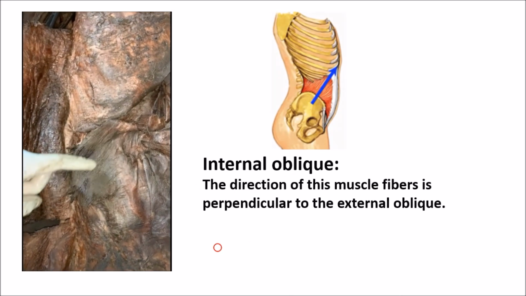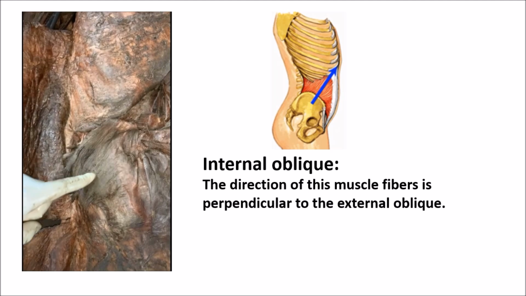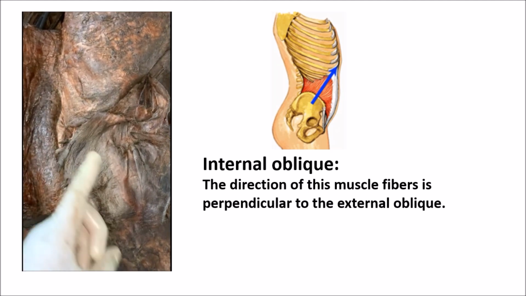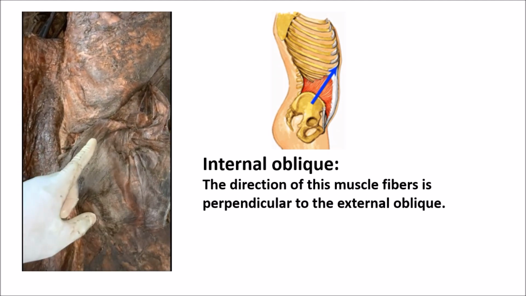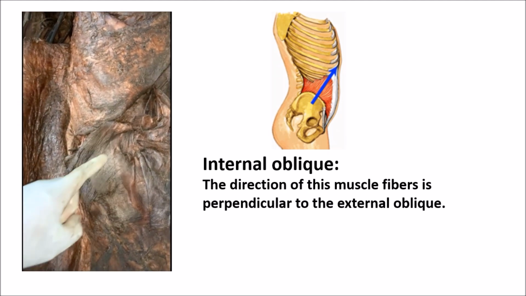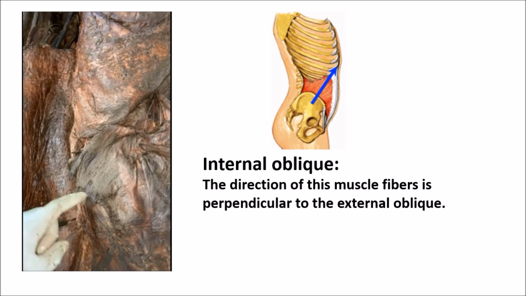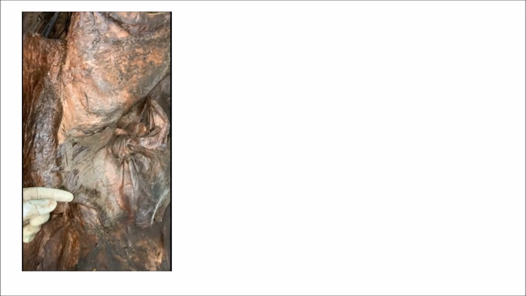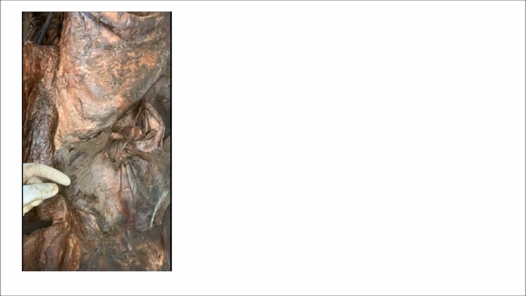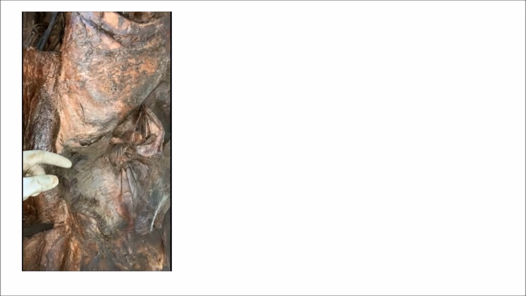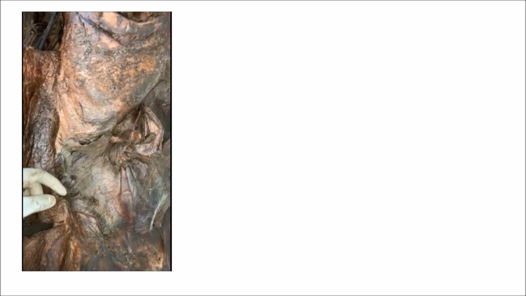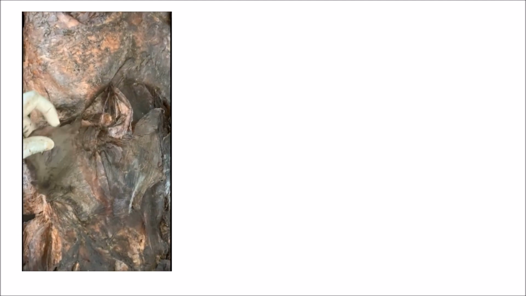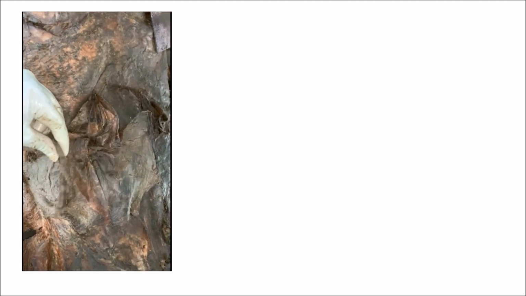See the direction of the muscle fibers of the internal oblique. The direction of the external oblique is downwards and medially, and the internal oblique is perpendicular to the external oblique. Now after reflecting the external oblique, we make another incision from the iliac crest near the costal margin along the mid-axillary line and reflect the internal oblique muscle medially.